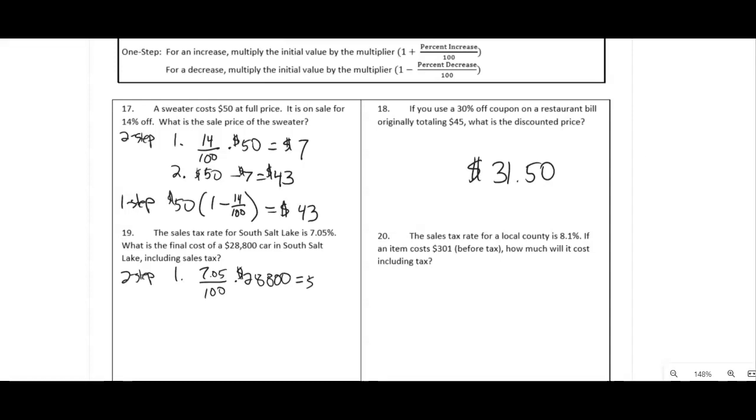Then it ends up being $2,030.40. So that is the tax on this car. The second step is to add that tax to the car. So we have the car price, and we're adding this tax to it. And that ends up being $30,830.40.